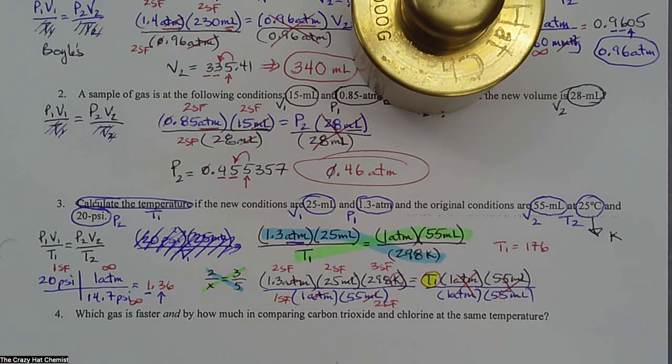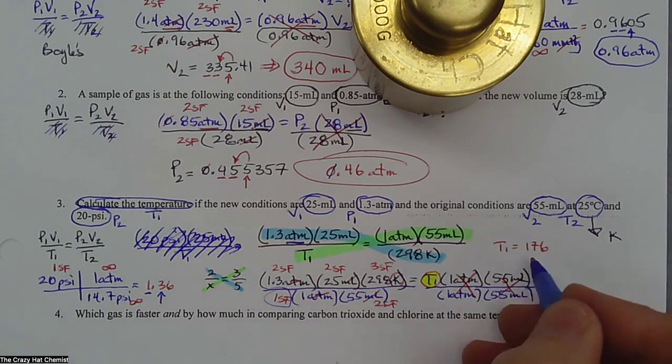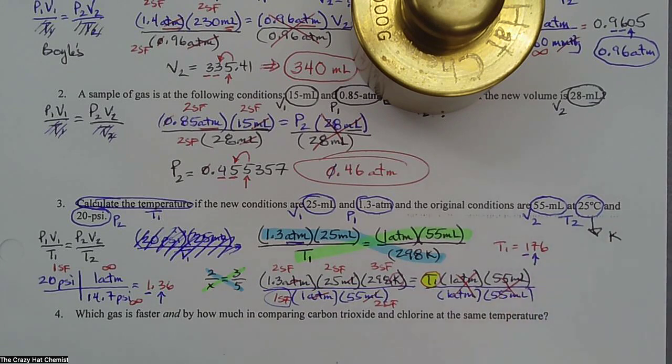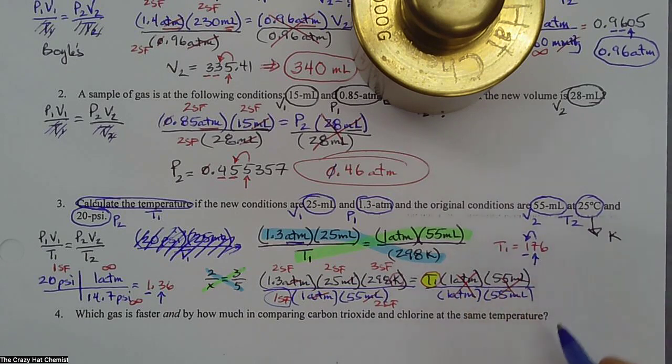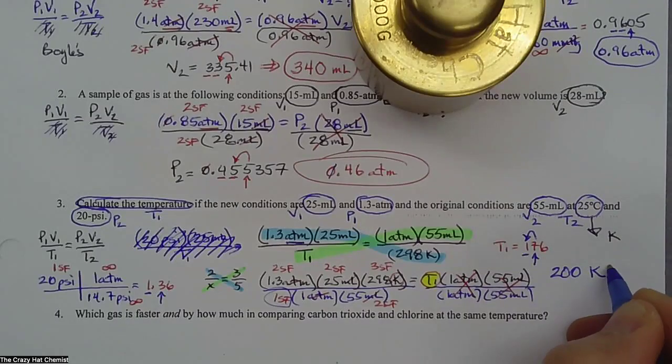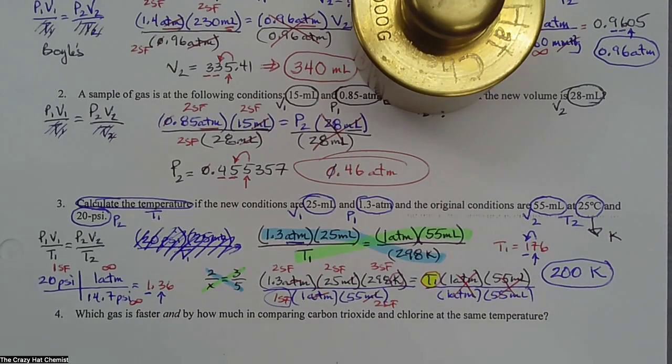The fewest number of significant figures is a 1, so I'm going to round this to one significant figure. I'm using that 7 for rounding. That's 5 or greater. I'm going to add 1 to the preceding digit. That will be 200. It has one significant figure. It needs to have units on it, and that's Kelvin, and that looks absolutely fantastically beautiful.